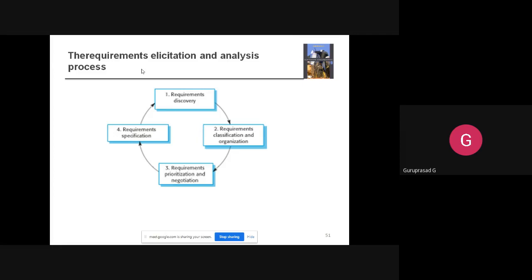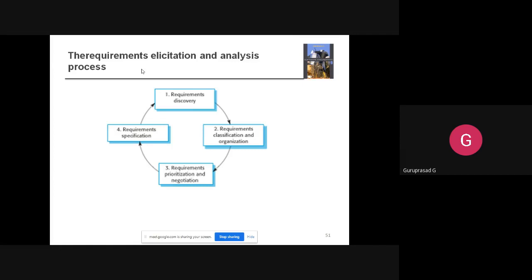Each one we will discuss in detail. So please remember the requirements elicitation and analysis process has 4 activities: discovery, then classification, then prioritization, and fourth the specification.